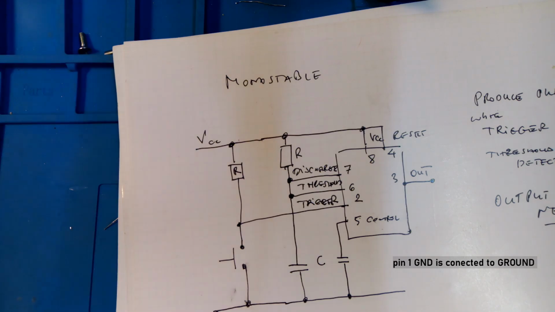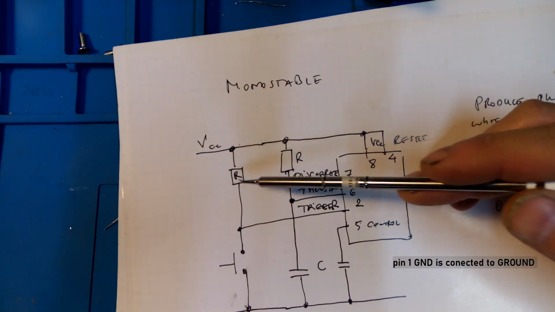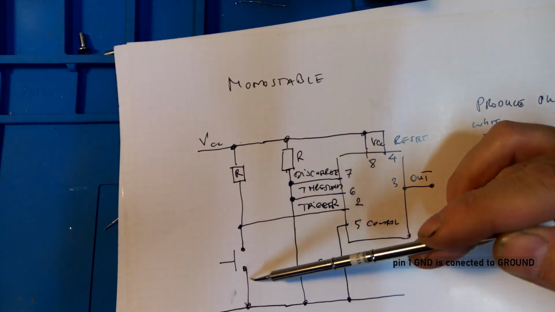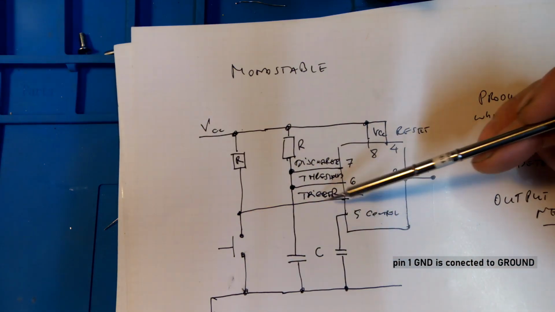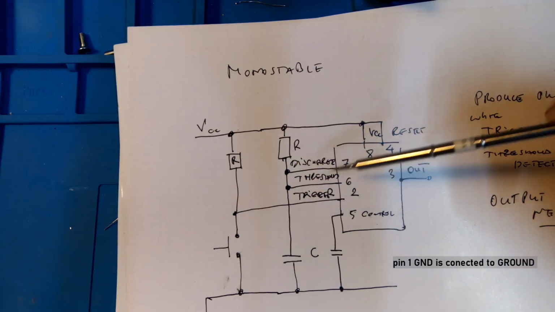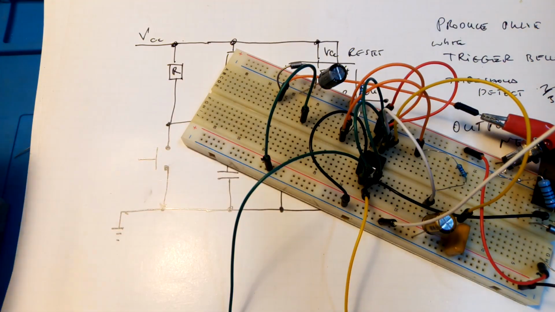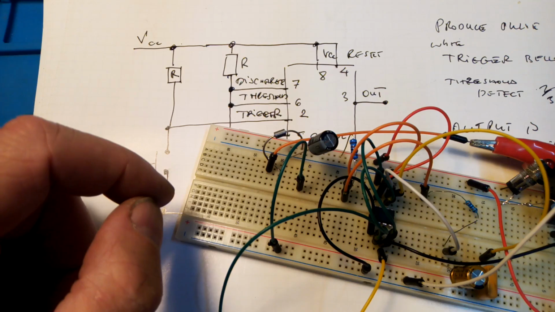So what I will do is forget about this resistor, forget about this switch, and connect trigger to threshold. We go back with this capacitor to the first value.